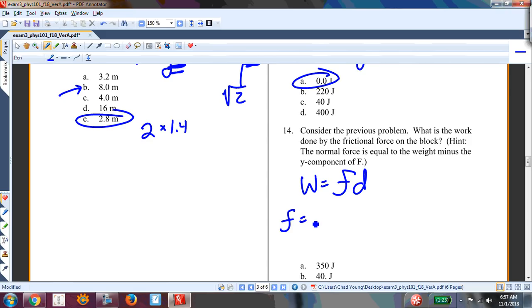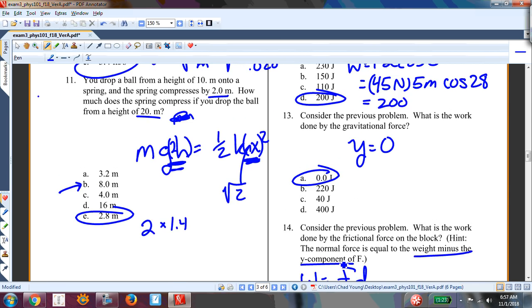So the frictional force is equal to mu times the normal force, and I need to know what the normal force is. The normal force is equal to the weight minus the y component. So that's going to be the weight minus F sine of 28.